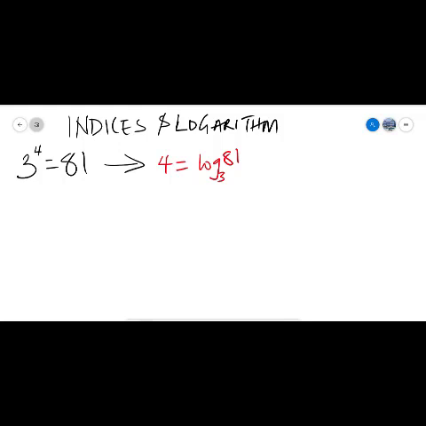Okay, so the general rule for the relationship between indices and logarithm is that if we have something like b raised to the power of x is equal to n, then we have that x is equal to log n base b.